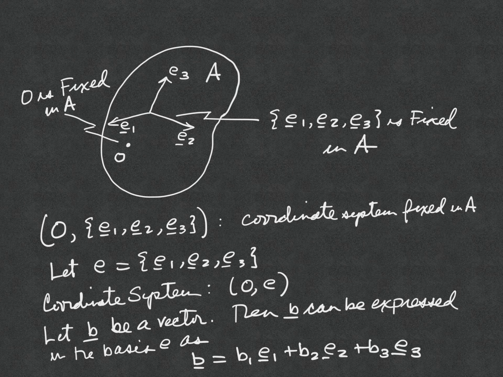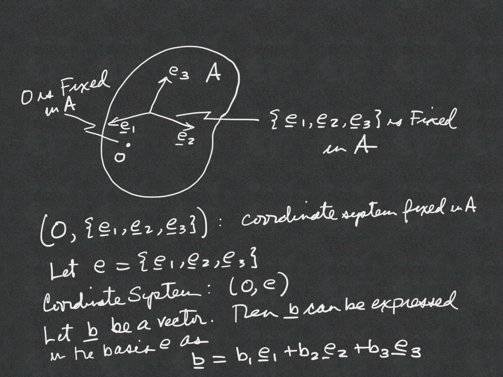Now, once we have that expression of B, we now have a way of being able to describe this vector B in a basis that's fixed in reference frame A.